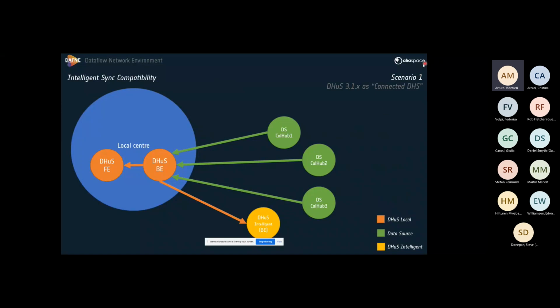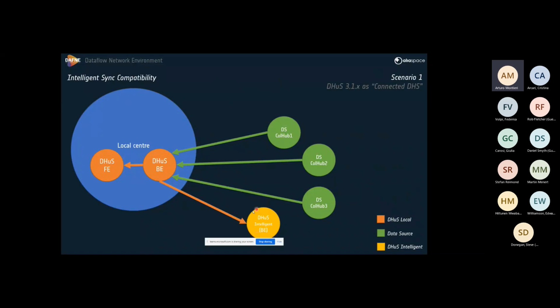Starting from scenario one, we have here a local center, which is composed by this front end that is synchronized with this front end, and we have three different data sources, remote data sources, in this case, three collabs instance, synchronizing with our DHIS2 backend in local center.